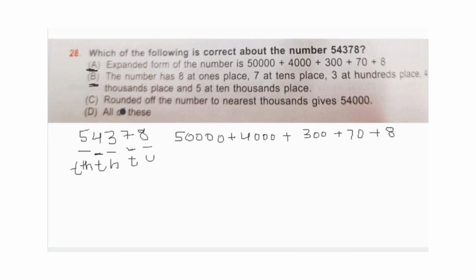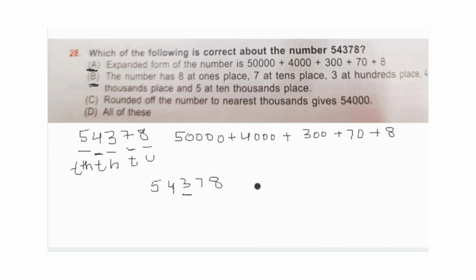So far option A is correct, option B is correct. Now option C says rounded off the number to nearest 1000 gives 54,000. Since the number is 54,378 and we are rounding off to nearest 1000, we have to look for the value at the hundreds place, which is 3, which is less than 5.